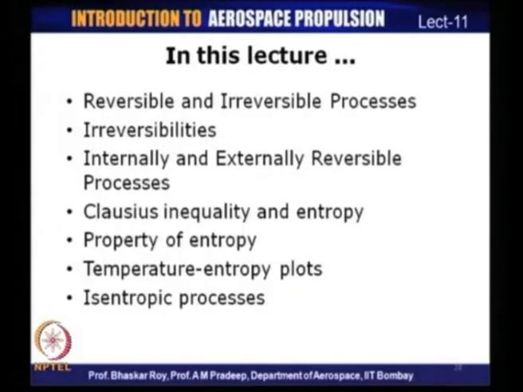So, that brings us to the end of this lecture, and let us quickly recap what we had discussed. In this lecture, we were discussing reversible and irreversible processes, and we also discussed the sources of different irreversibilities in a process. We then discussed the types of reversible processes, internally as well as externally reversible processes.